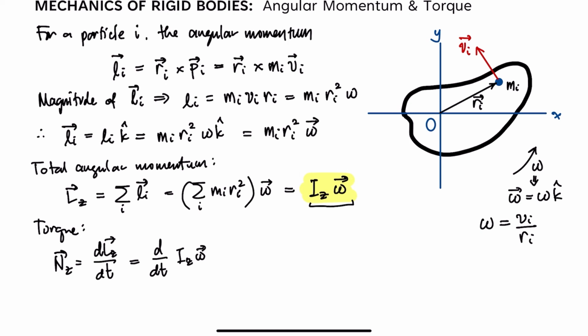And we know that the moment of inertia of a rigid object rotating about a fixed axis is constant. So this is equal to Iz times the derivative of omega with respect to time, or simply Iz omega dot. These are now your expressions for the total angular momentum of your rigid object rotating about a fixed axis and the torque exerted on your object about the fixed axis.